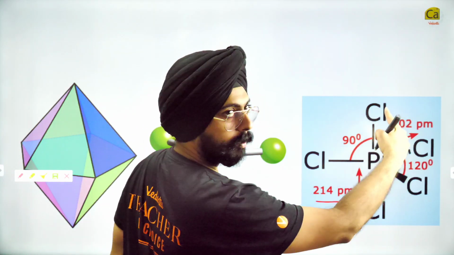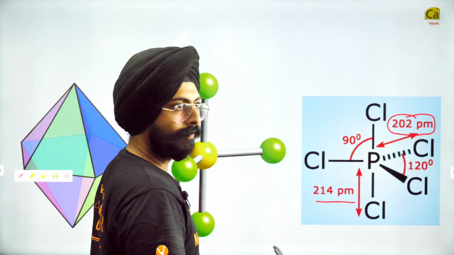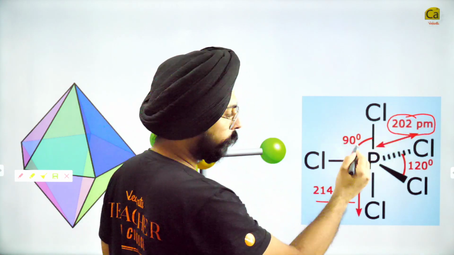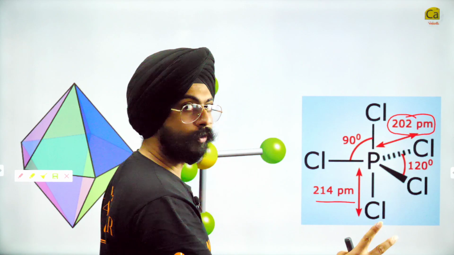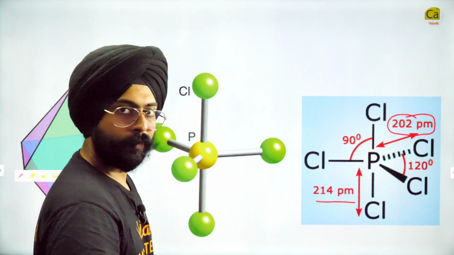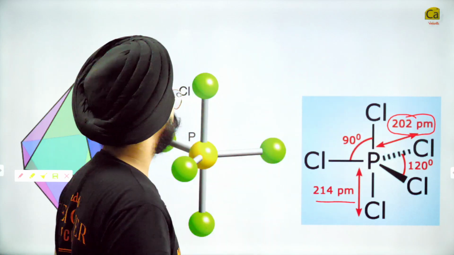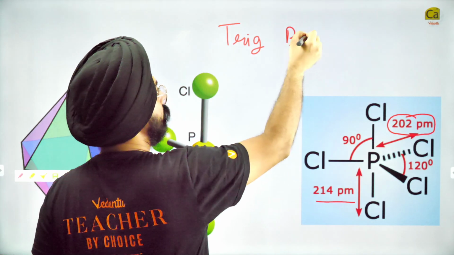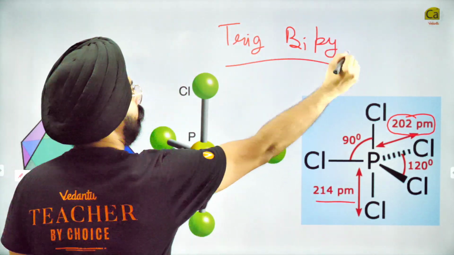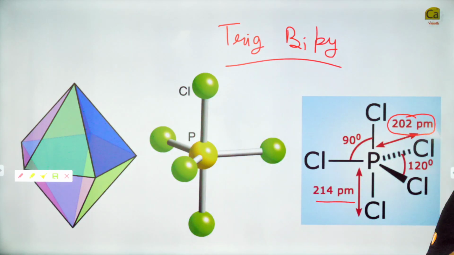The equatorial bond is 202 picometers. Equatorial bond 200 picometers, axial bond 214 picometers, a 12 picometer difference. So please remember, axial bonds are longer, equatorial bonds are shorter in the case of a trigonal bipyramidal system. Got it? Great, very good.